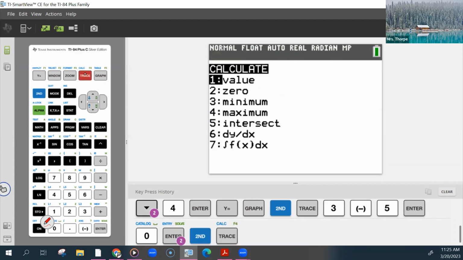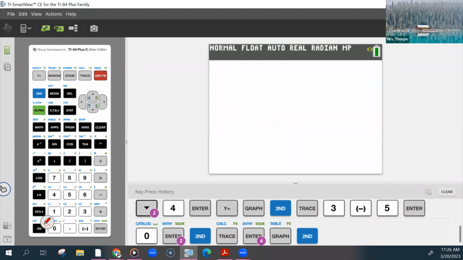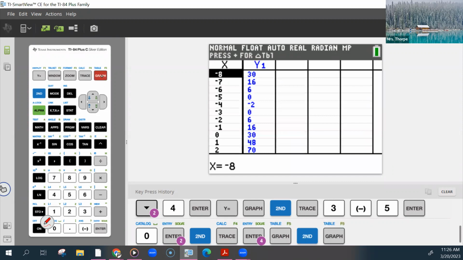It doesn't say value, but going to value, pick the other numbers you need. This was -4. You would need -3, -2, and so on. You can find those from here, or you could go to your table and find them from there. Find the middle where your Y values repeat. We plot those.